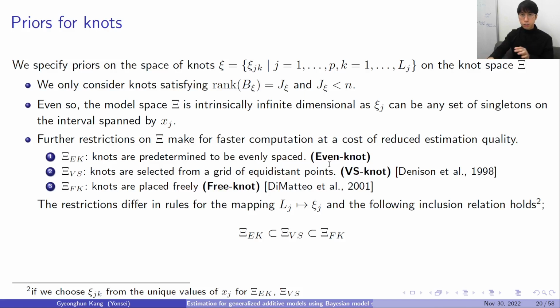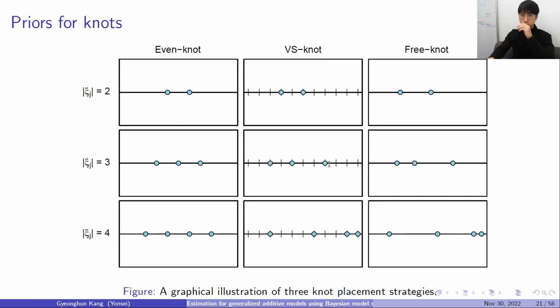But there are three strategies to determine the locations of knots. In the even knot strategy, the locations are predetermined to be evenly spaced. In the variable selection knot strategy, the locations are sampled from a candidate grid of knot points. And in the free knot strategy, there are no restrictions.